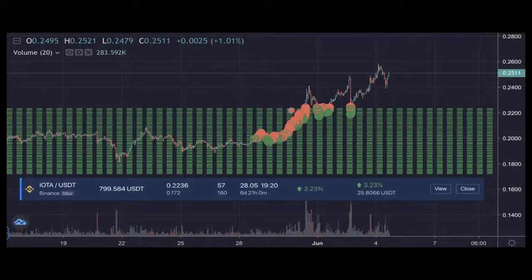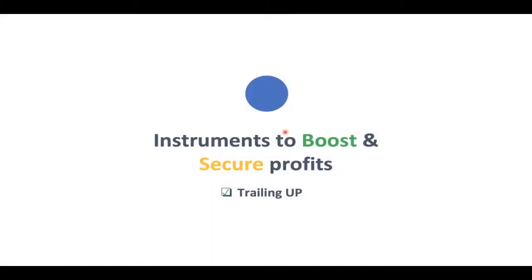That's because I got stuck with my trading setup at this trading range. Whereas if I had switched my trading up feature on, then the bot would have managed to make profits on this upside momentum as well. So my return would be higher compared with this one that I have here.